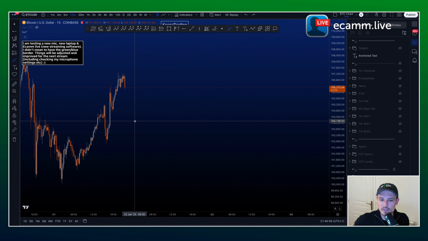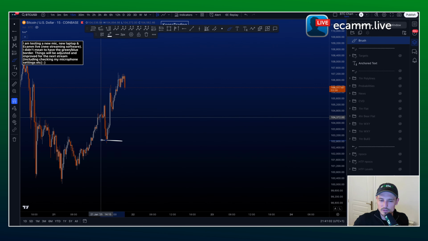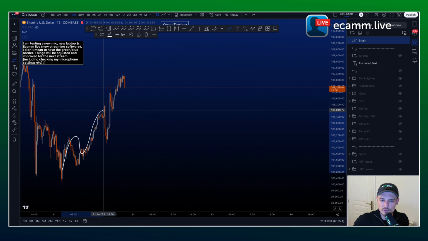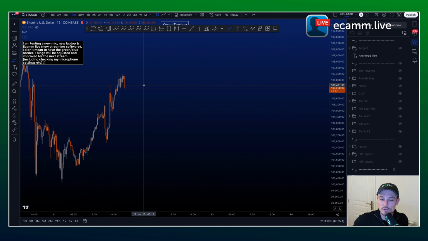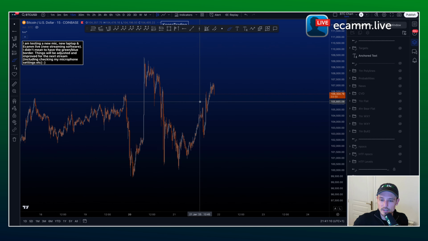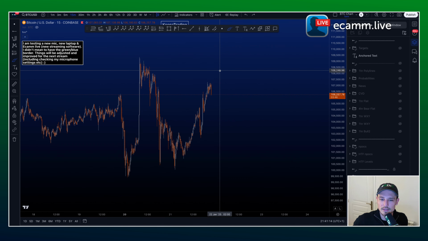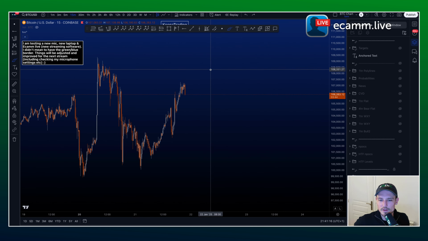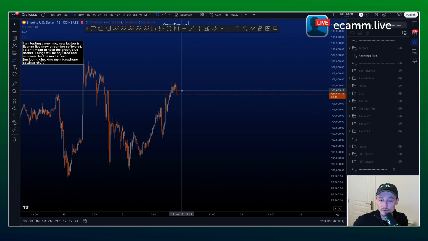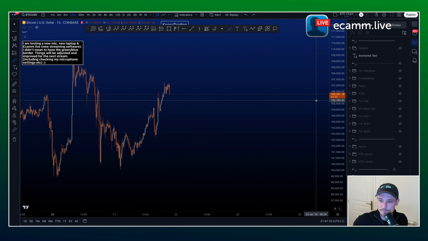As long as you don't change the structure, at least moving below this low, but there's at least the potential to count multiple 1-2s, which of course would be incredibly bullish. So if you just continue grinding towards the upside with higher highs, higher lows, bullish CVDs keep coming in, you expect a very big wave 3, in other words.